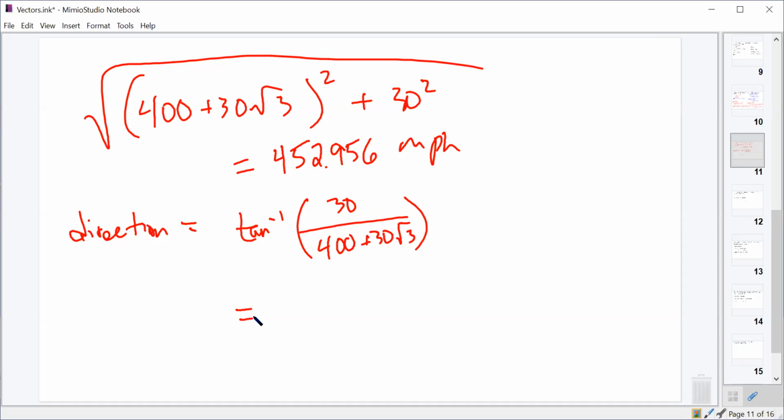Yeah, Nick, so yeah, that should be right, Molly. Yeah, Darius. So Nick, to find the direction is always the inverse tangent of the y component of your velocity vector over the x component of your velocity vector.